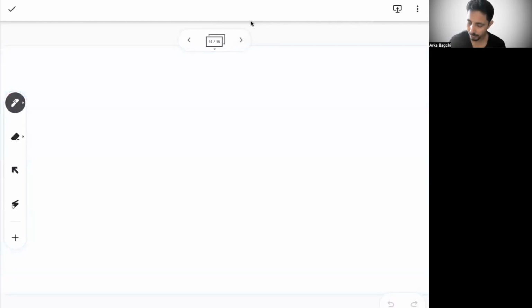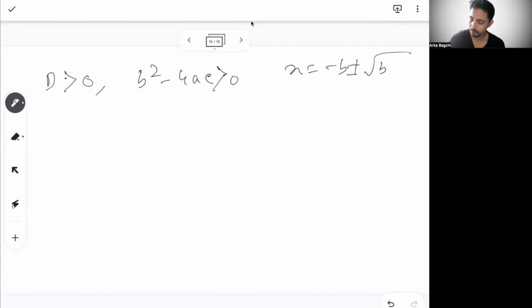If I say D is greater than 0, that means b square minus 4ac is greater than 0, in x equal to minus b plus minus root over b square minus 4ac by 2a. So the thing under the root is greater than 0.